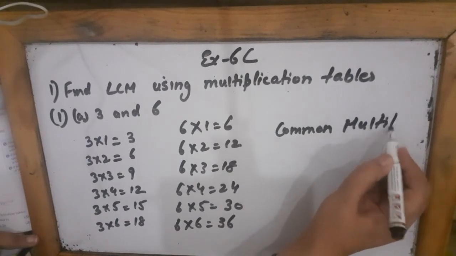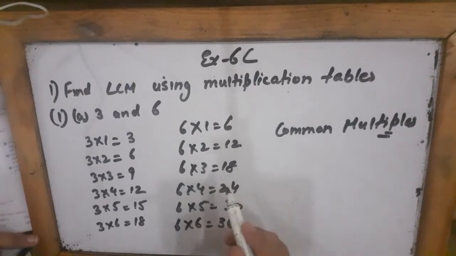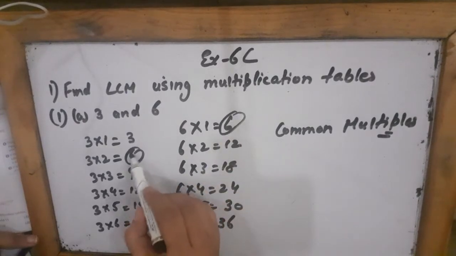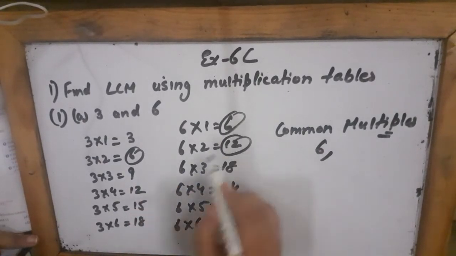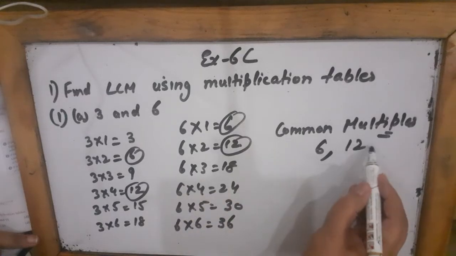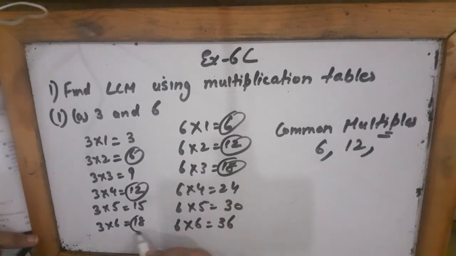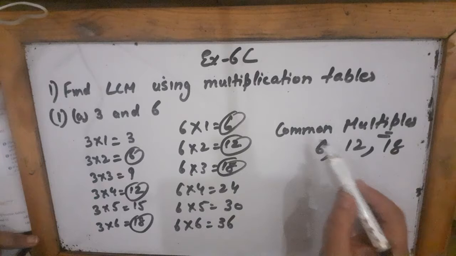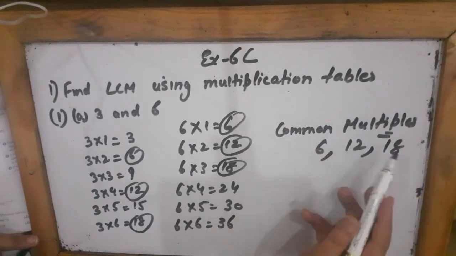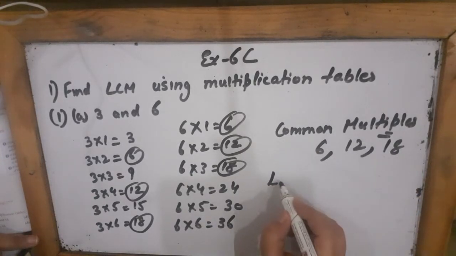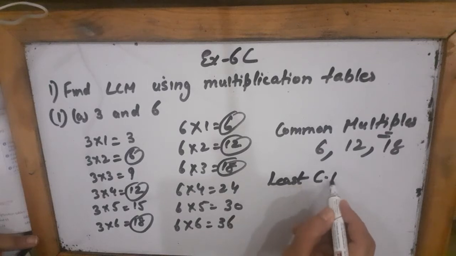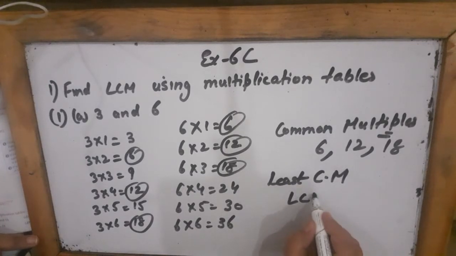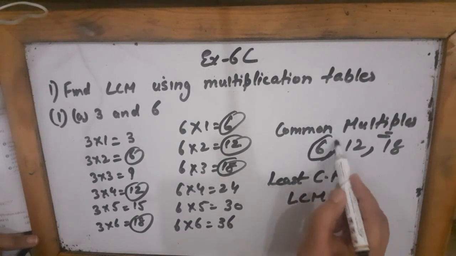You can see 6 is common, then 12 is common, and then 18 also is common. But these are the common multiples. Now out of these, which is the least common multiple, or which is the LCM? 6 is the least.